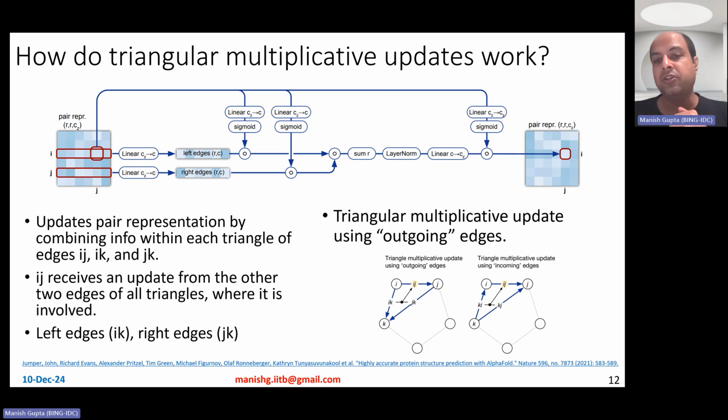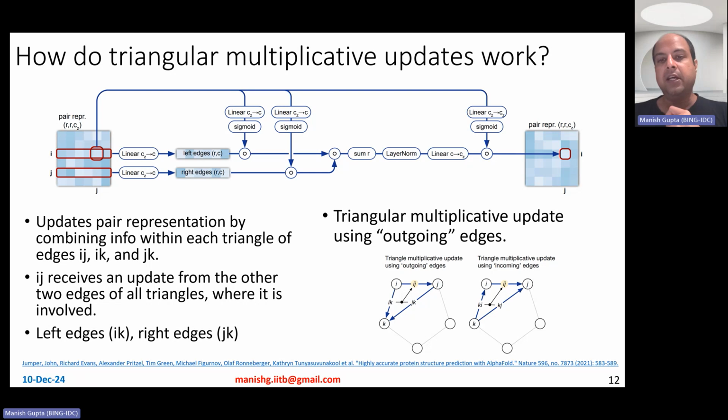Maybe this node is connected to 5 other nodes. In fact, in general, it's connected to all the other nodes, because there is no notion of an incomplete graph. This graph is fully complete. Every node is connected to every other node. So you're going to update this information using all possible edges, where k goes from 1 to 256.